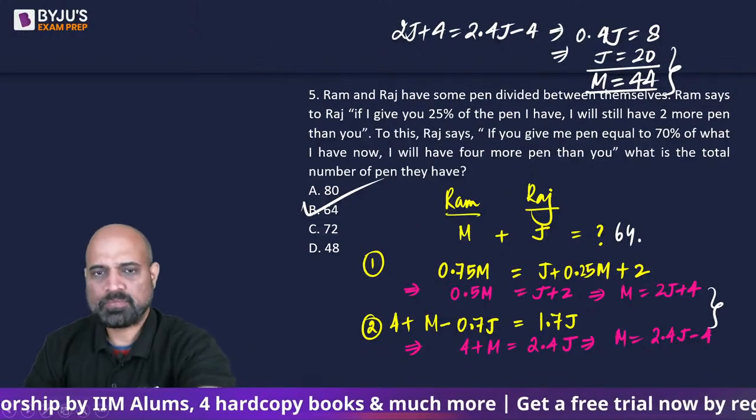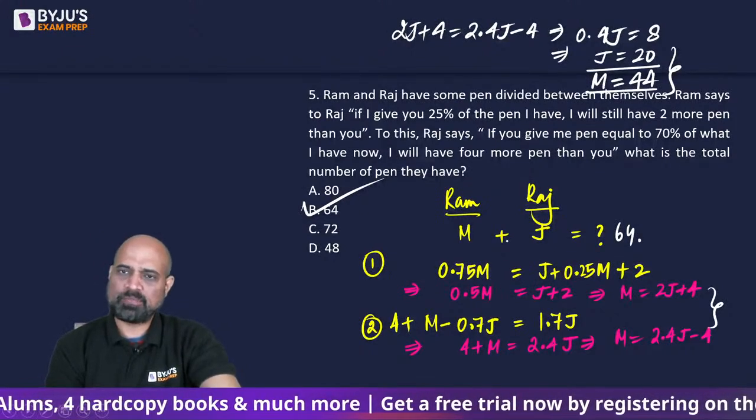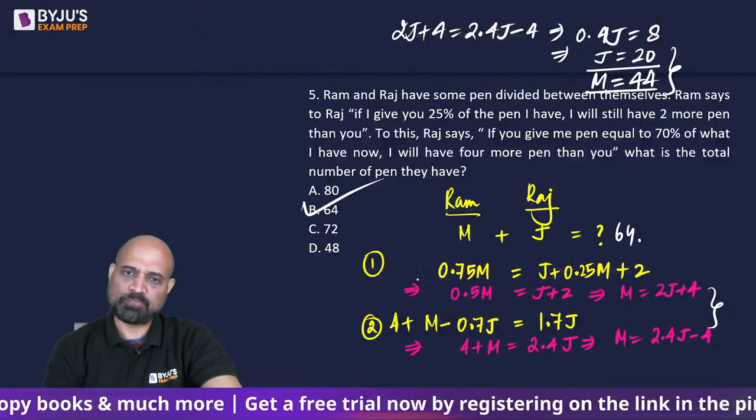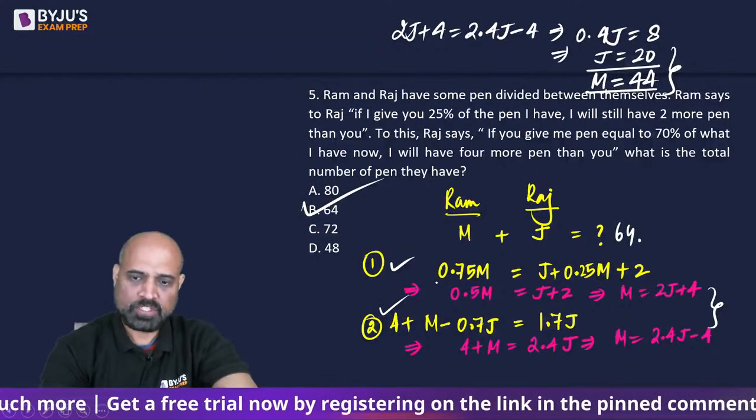I don't see any calculation mistake and everything checks out. If I put M is equal to 44 and J is equal to 20, both the equations will make sense. So it should be 64.